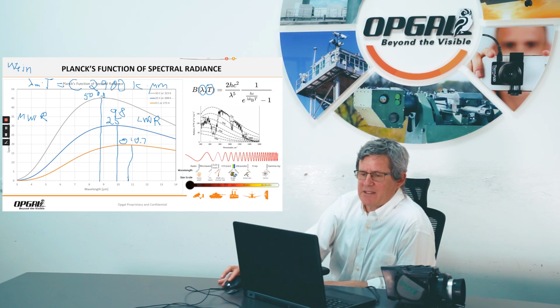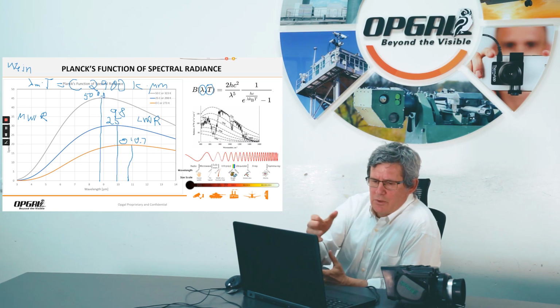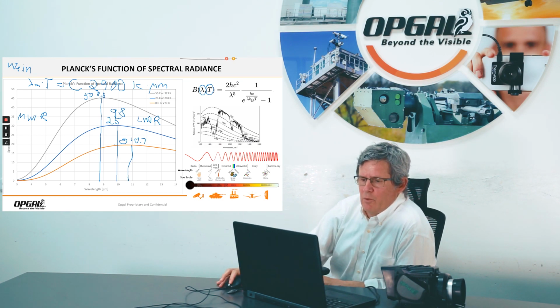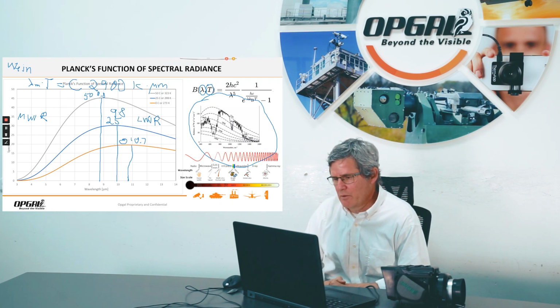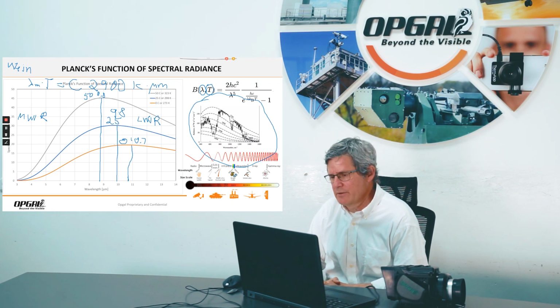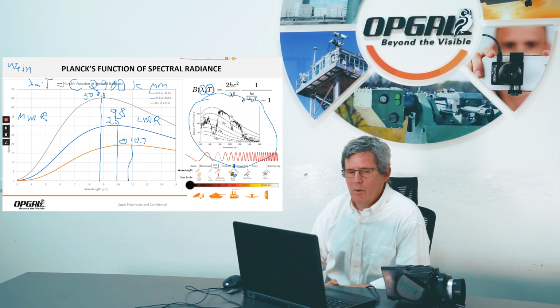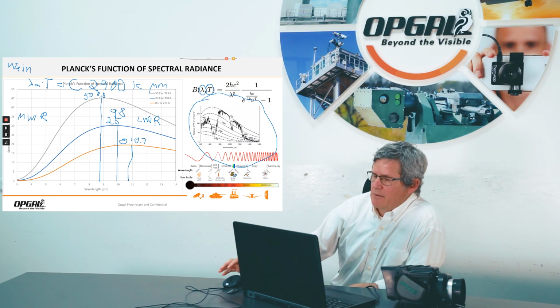So if we want to maximize the spectral radiance, we need to choose a spectral region. We can use this law to understand where we have the maximum of this spectral radiance curve. The last thing that I want to mention in this slide is that this graph over here is a spaceborne satellite observation of the Sahara Desert in the summer, at midday.